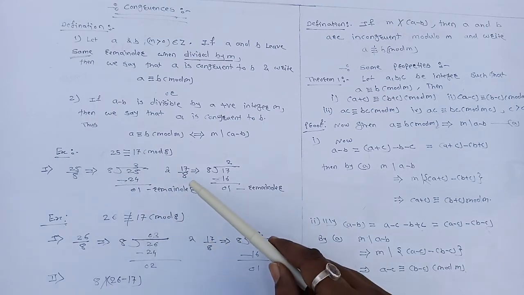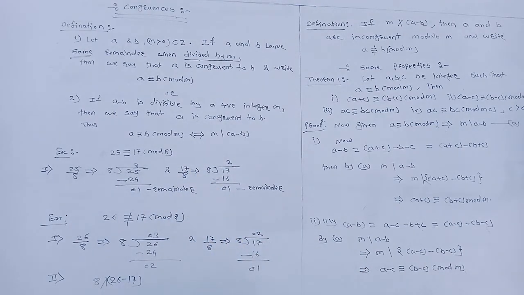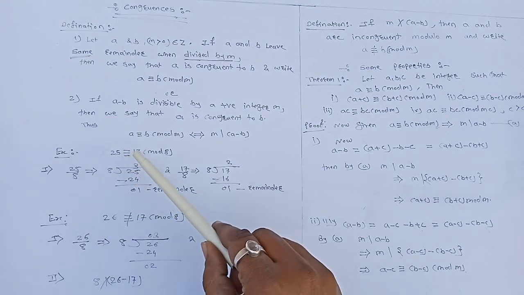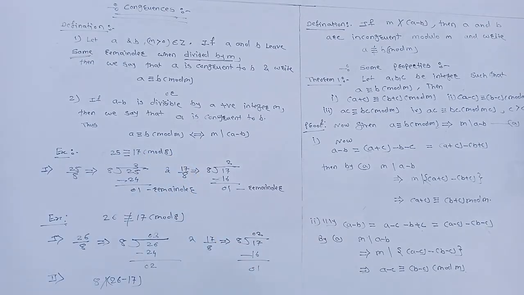Similarly, if 8 divides 17, then its remainder is 1. So in these two cases, remainder first and remainder second are the same. So here we say that 25 is congruent to 17 mod 8.